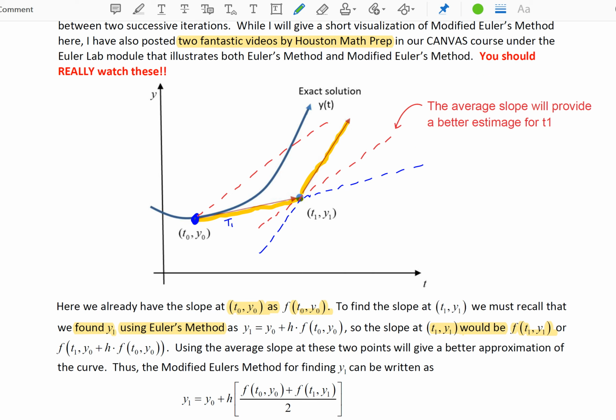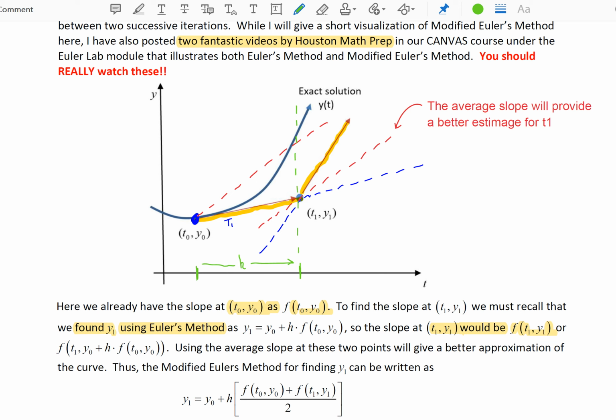So what we'd like to see is that if we start at t0 here and we move over a step h to t1, we are trying to approximate the y value at t1.